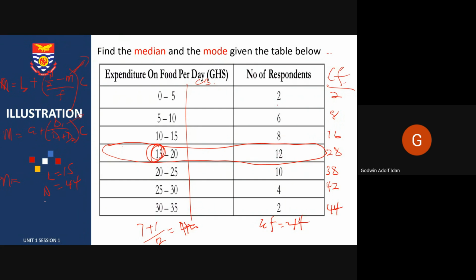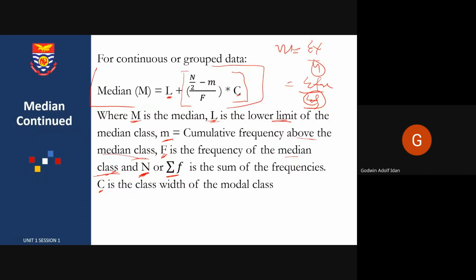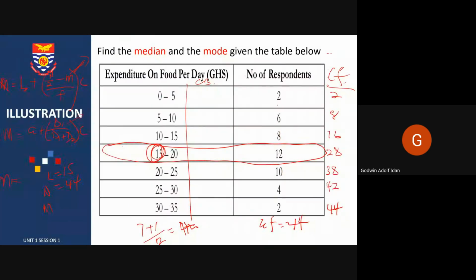Then we go for m. We said that m is representing, let's go back, the cumulative frequency above the median class. So when we check the cumulative frequency, the one above the median class is 16, and the median class is the one with the 28.